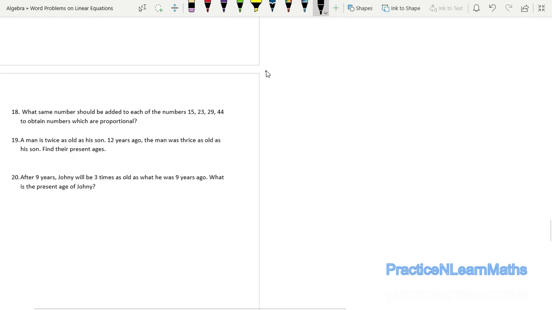Okay, question number 18. What same number should be added to each of the numbers 15, 23, 29, 44 to obtain numbers which are proportional? Let x be the number that will be added to the given numbers.